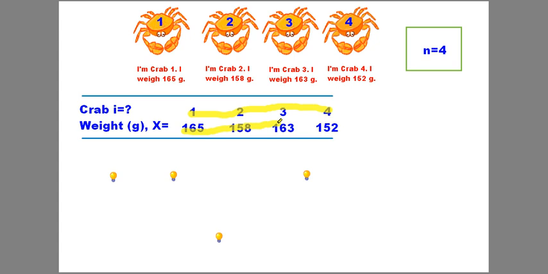The numbers down the bottom, of course, are the actual weights of the crabs themselves, so those are the observations. So the top number in the table is the i, the bottom number is the x, the observation. And all we've done, obviously, is transfer these values from the crabs into the data table, with crab numbers going on top and the weights going underneath.